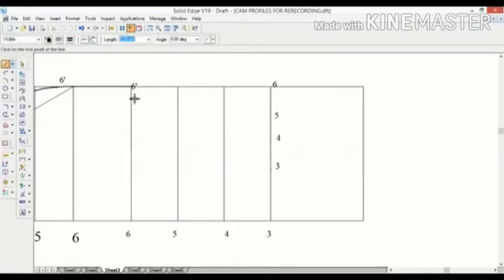Join these corresponding corners with 6 dash. 6 to 6 dash we already have a line. 6 to 5, then 6 dash to 4, 6 dash to 3. Acceleration part is over.